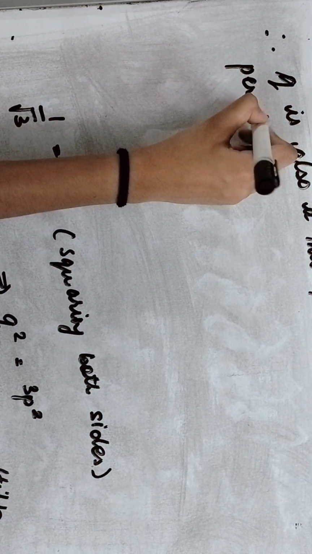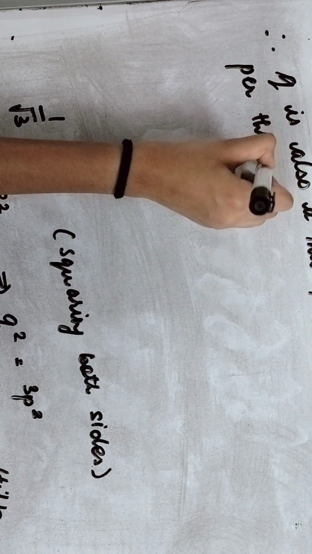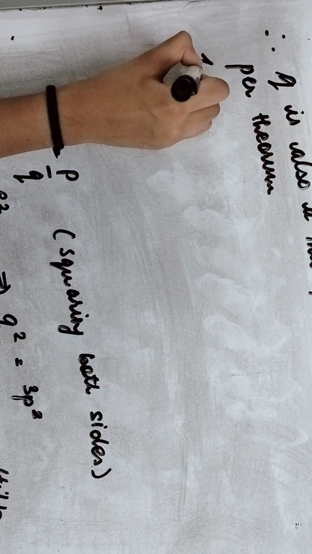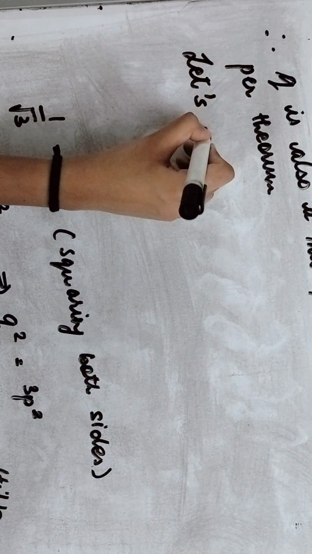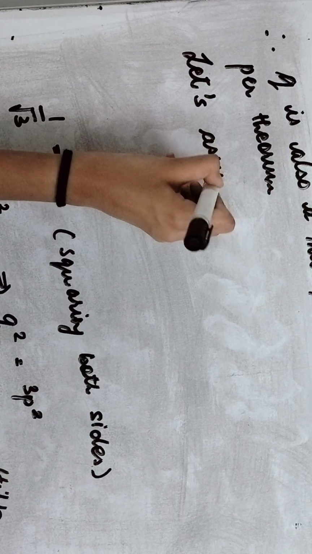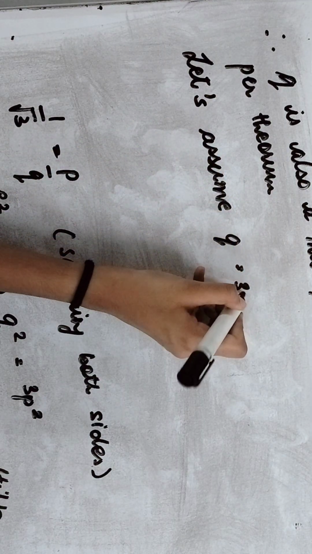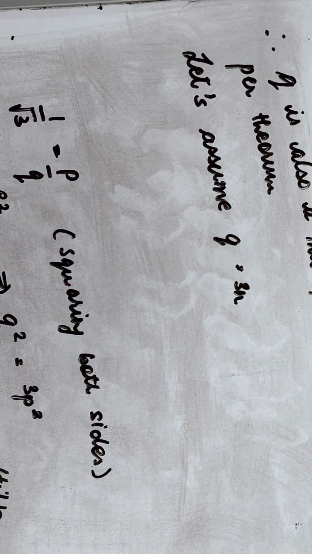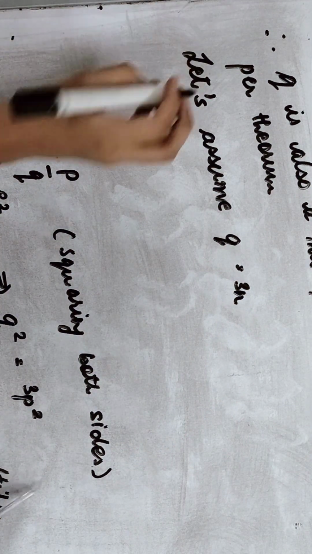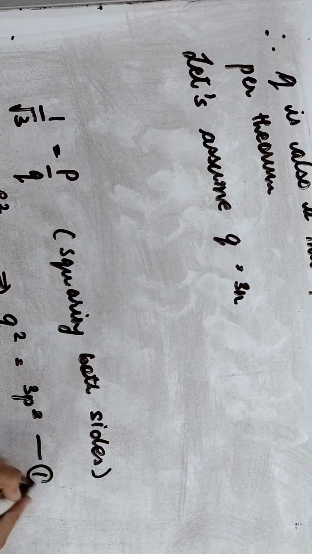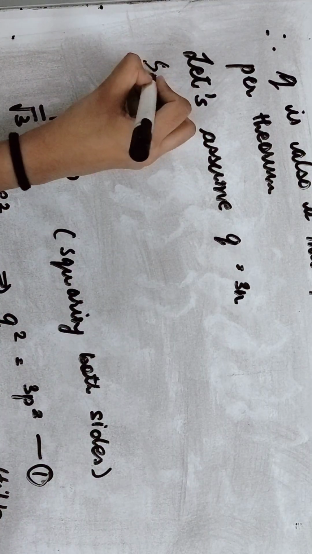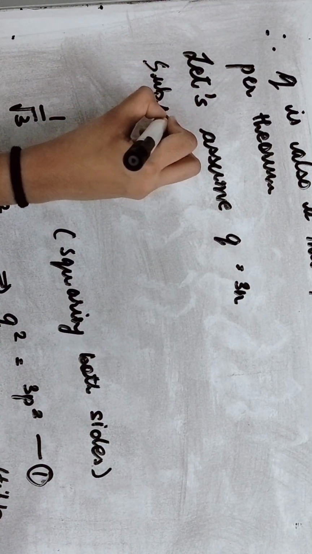Let us assume q is equal to 3n. Here, q square is equation number 1, so substitute the value of q in equation number 1.